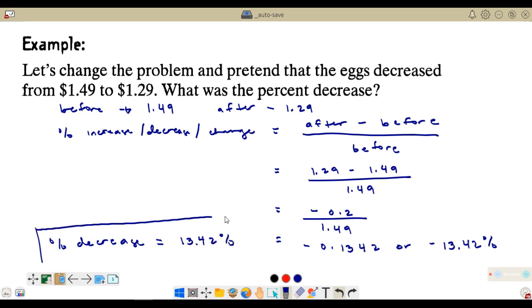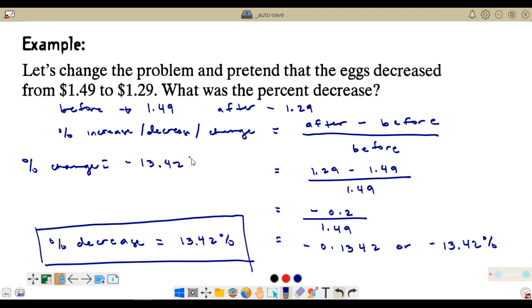If nothing is stated and you're only looking for the percent change, you have to indicate the symbol: negative 13.42%. But if the word decrease is already there, you don't have to write the symbol, since it's understood that the value went down. Okay? I hope that was clear.